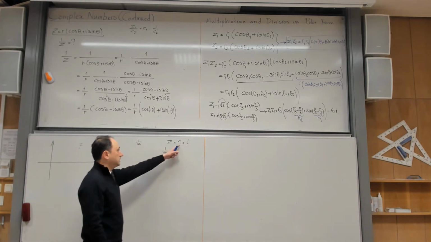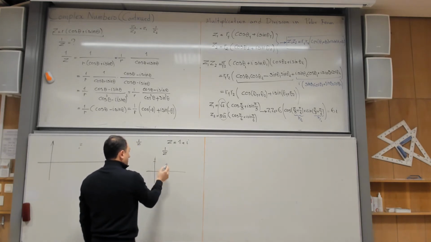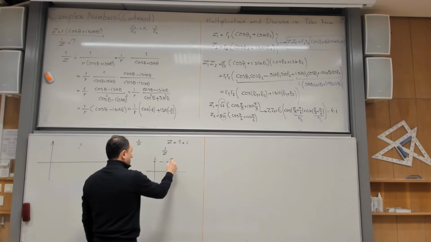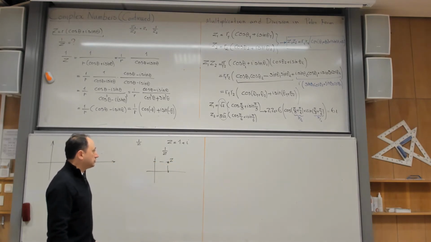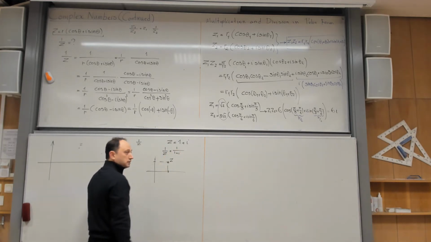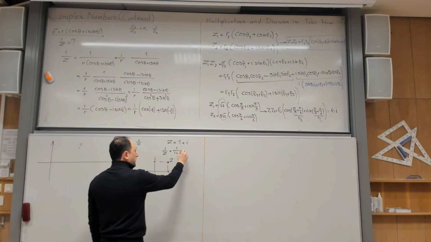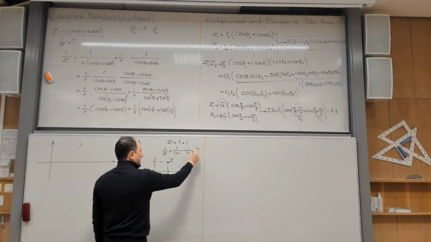So you know where this one is. The real part is 1, the imaginary part is 1. So here is z. But if I ask you where 1 over z is, what you do, you calculate it. So it becomes 1 over 1 plus i. But you multiply it by the conjugate. Yes? And the answer becomes 1 minus i, and then this becomes 2.